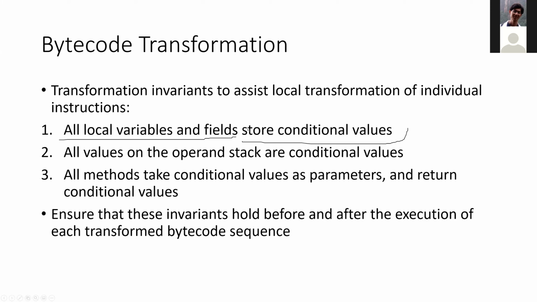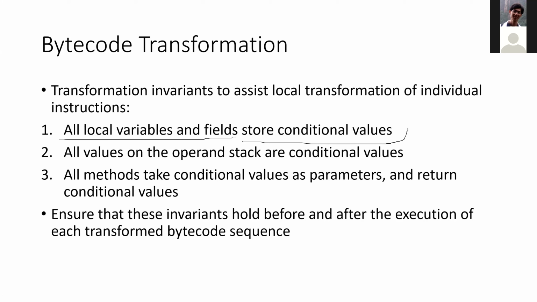As in this is the assertion that they want to make: after they transform the bytecode, they have to make sure that this assertion is true. I didn't see it.